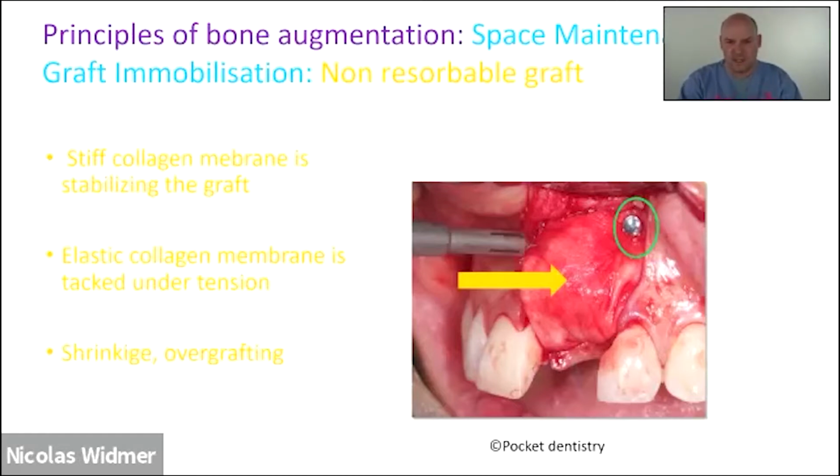And if we have some tension, the collagen membrane presses the hydroxyapatite onto the surface, so we also get stability from this tension. But of course, we get shrinkage. And that is one reason why, when we use hydroxyapatite, we often have to overgraft, which is not the case with EthOss because it's a totally different concept.